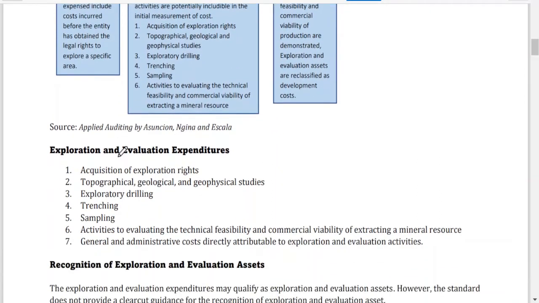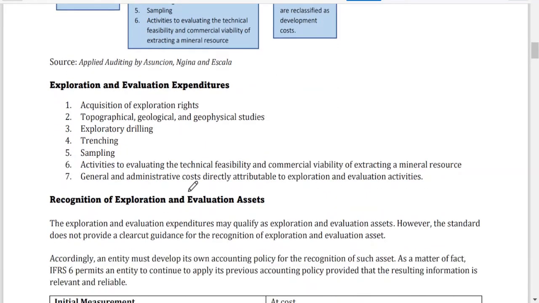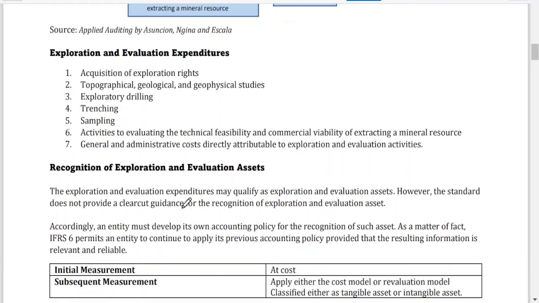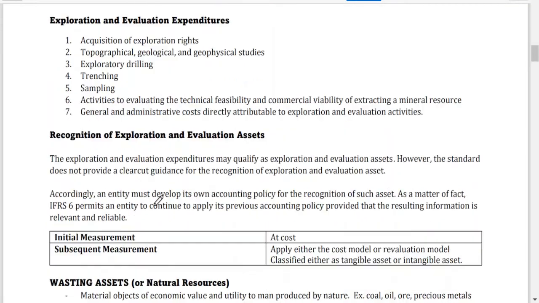We already mentioned those expenses related to exploration and evaluation. Next is when to recognize the exploration and evaluation assets. The exploration and evaluation expenditures may qualify as exploration and evaluation assets.